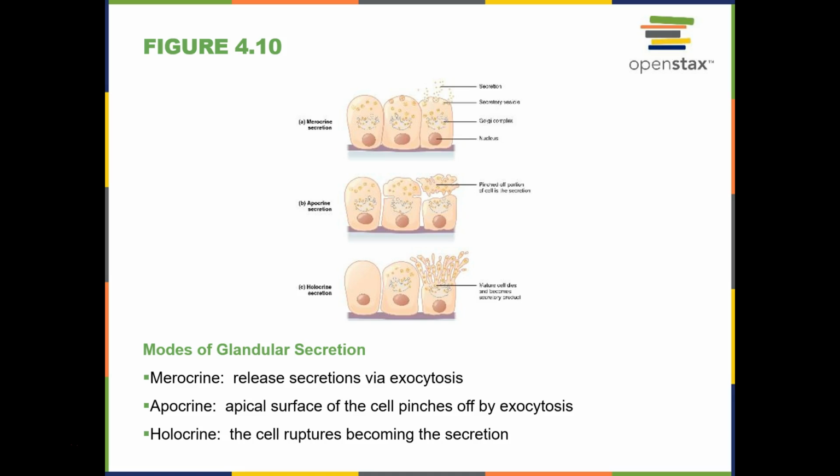Apocrine secreting cells are your sweat glands found in your axillary and pubic regions. And then we have holocrine secretions. In holocrine secreting cells, the entire cell produces the materials for release, and then the cell itself becomes the secretion. So the entire cell is lost and new cells are formed.